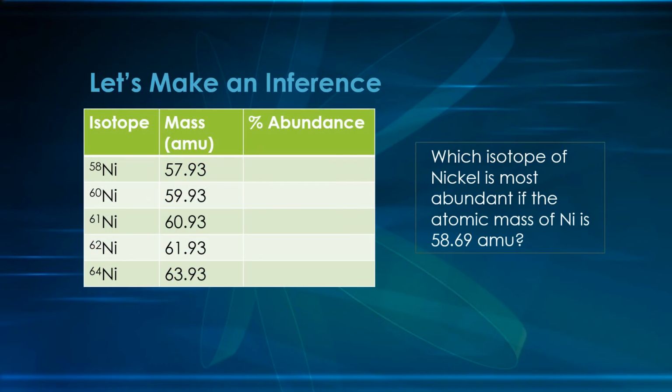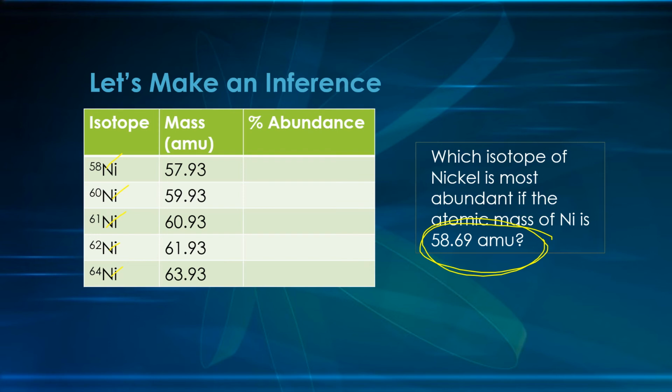Let's make an inference. Which isotope of nickel is most abundant if the atomic mass of nickel is 58.69 atomic mass units? So look at your weighted average, 58.69. Look at all of the isotopes of nickel. Nickel has 1, 2, 3, 4, 5. Nickel has 5 different isotopes.